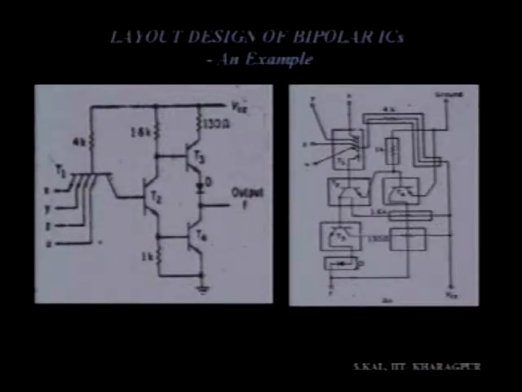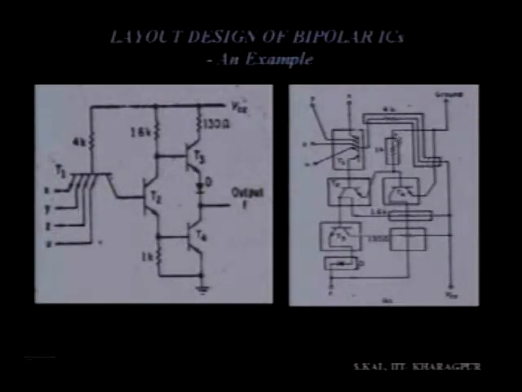Now after placement of the components comes routing, meaning interconnection of the different lines. The interconnections are made such that there is no short circuiting. For example, here one line is passing over this resistance, which is a diffused resistor, and we are taking contact in this region and this region. In between there is a dielectric, silicon dioxide.